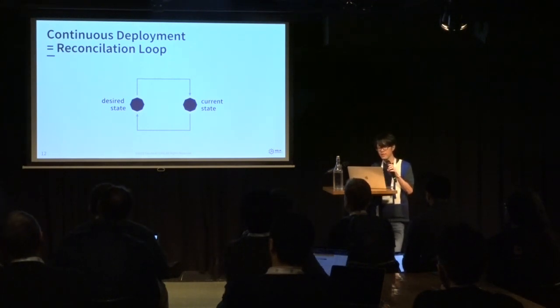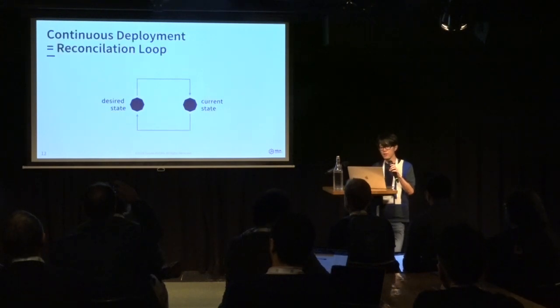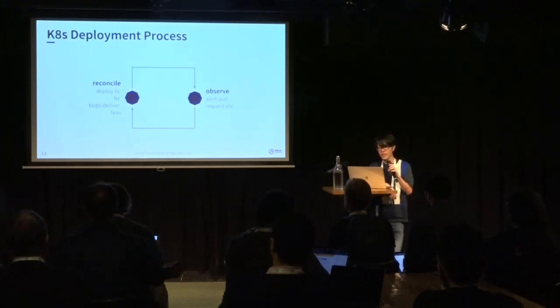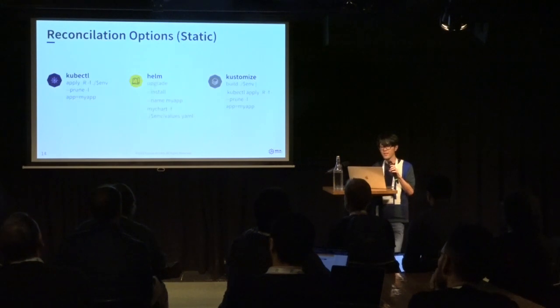It reconciles your current cluster state to the desired state. So we usually make our deployment process look like this. You reconcile by deploying fixes or delivering features. And after the deployment, you observe alerts or pull requests or something to reconcile with another deployment.